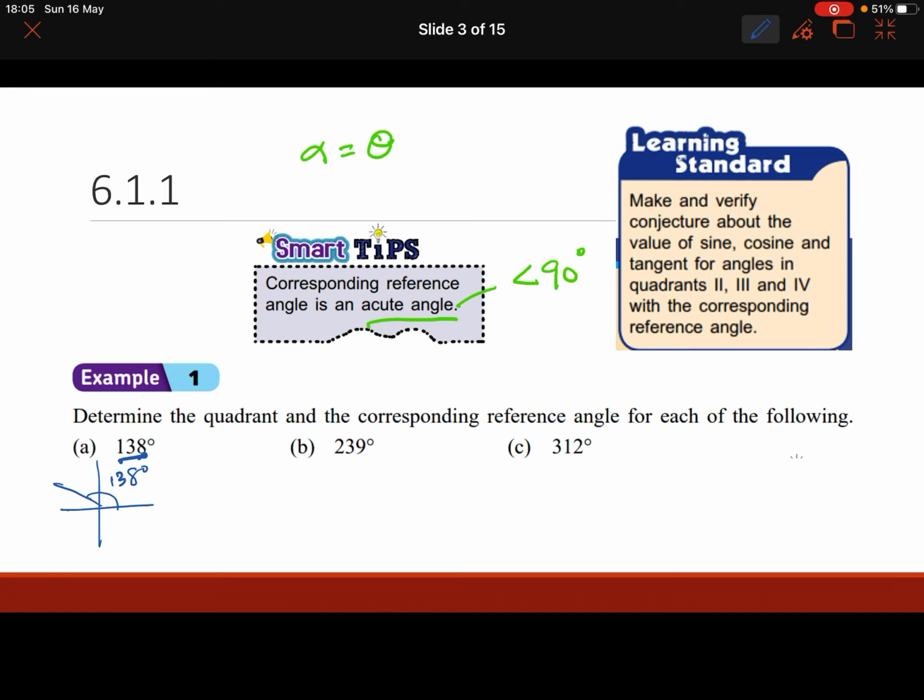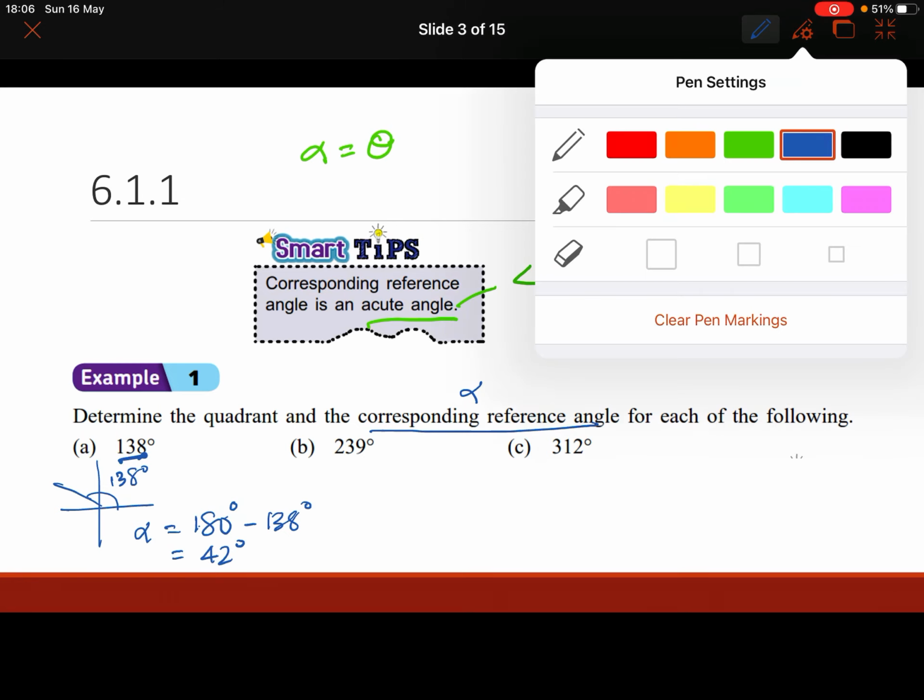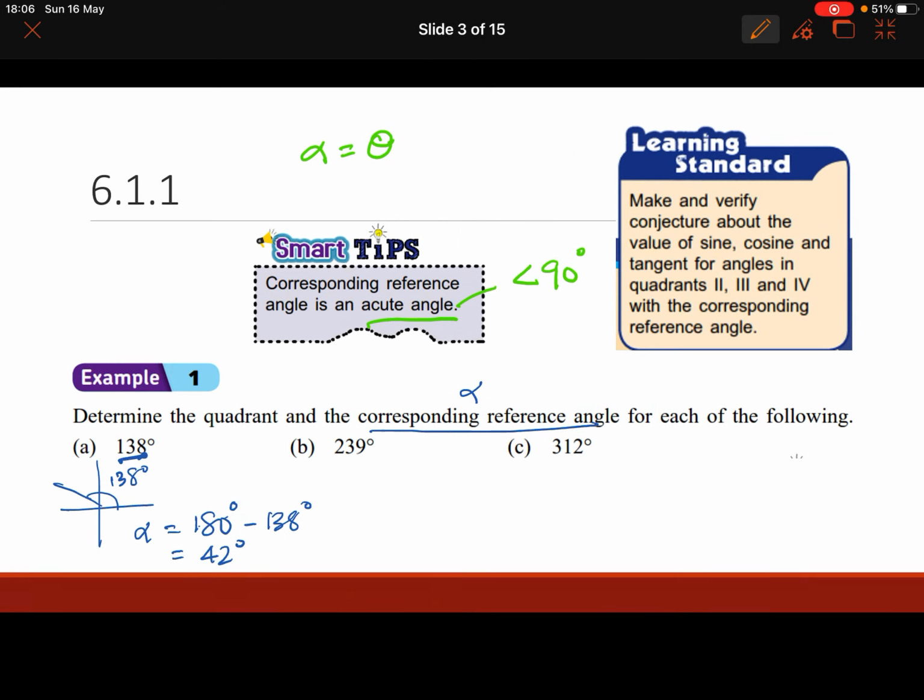Okay, so the corresponding reference angle alpha is 180 minus 138 degree equals to 42 degree. Okay, so this is the corresponding reference angle.